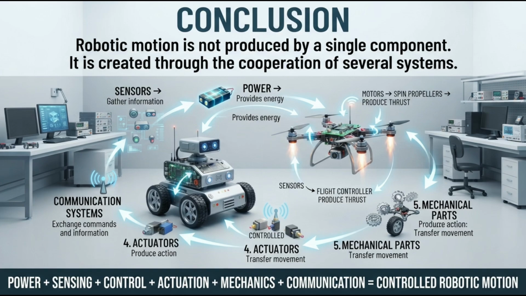In drones, all these components work together to produce controlled flight. The motors spin the propellers, the sensors monitor the drone's condition, and the flight controller continuously adjusts the motors. So when you see a drone flying, remember, a drone does not simply fly. It senses, thinks, adjusts, and moves.